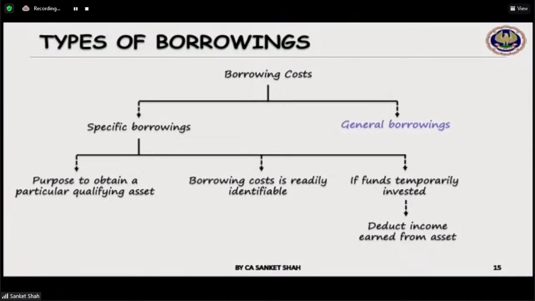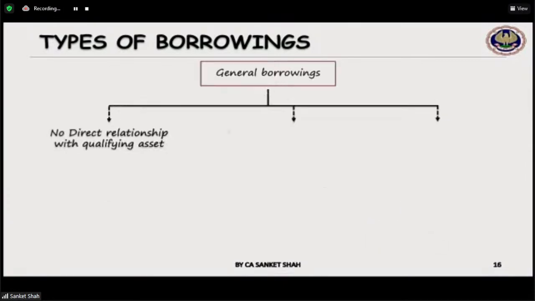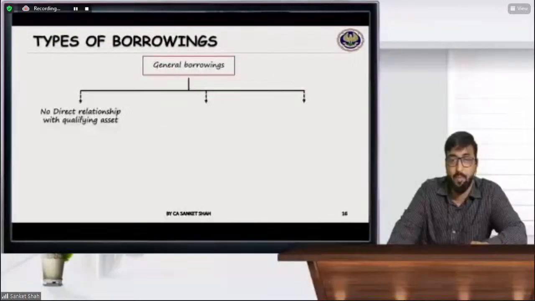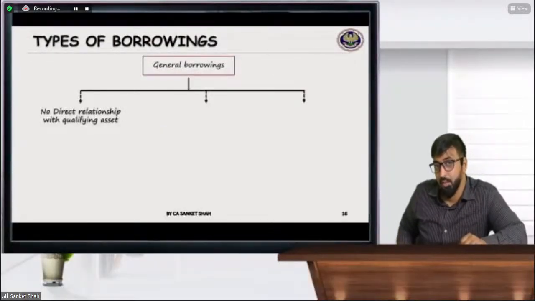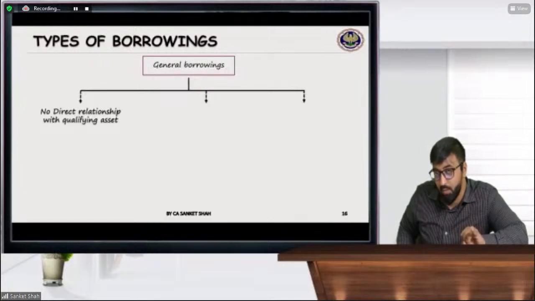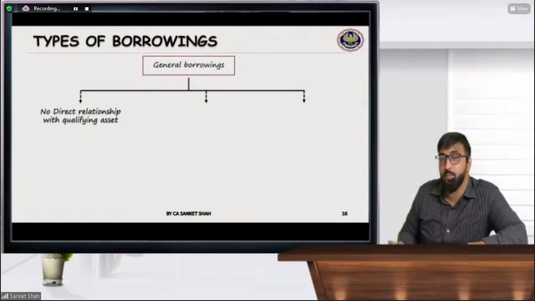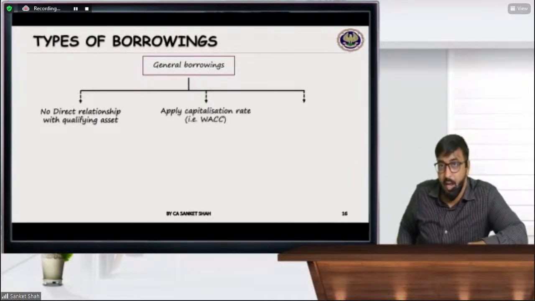Okay, general borrowings. So, no direct relationship with the qualifying asset. General means, in our example, that 50 lakhs example, you understood. So, there is no directly qualifying asset. You use it for construction of the shed also, for fixed plant and machinery also, for working capital and truck. So, there is no direct relationship with your qualifying assets. Apply the capitalization rate.